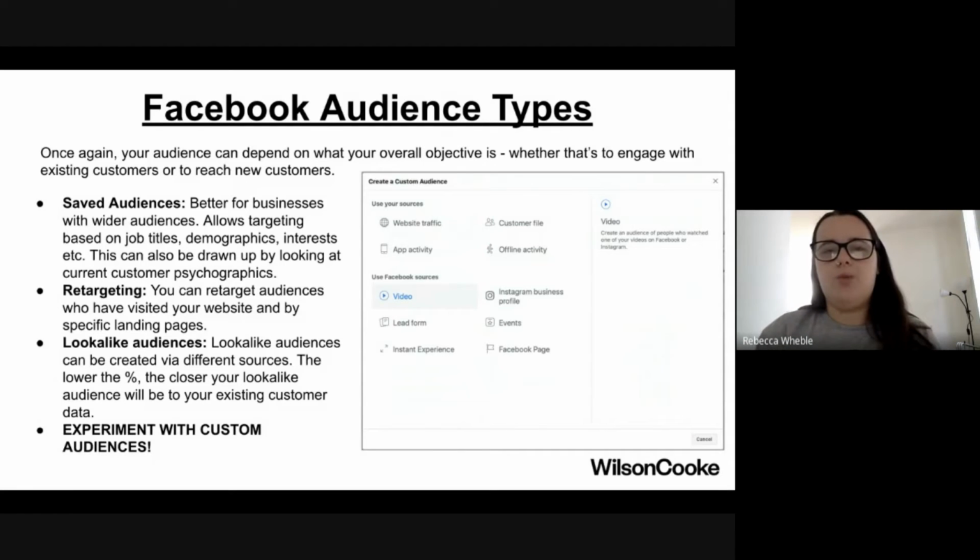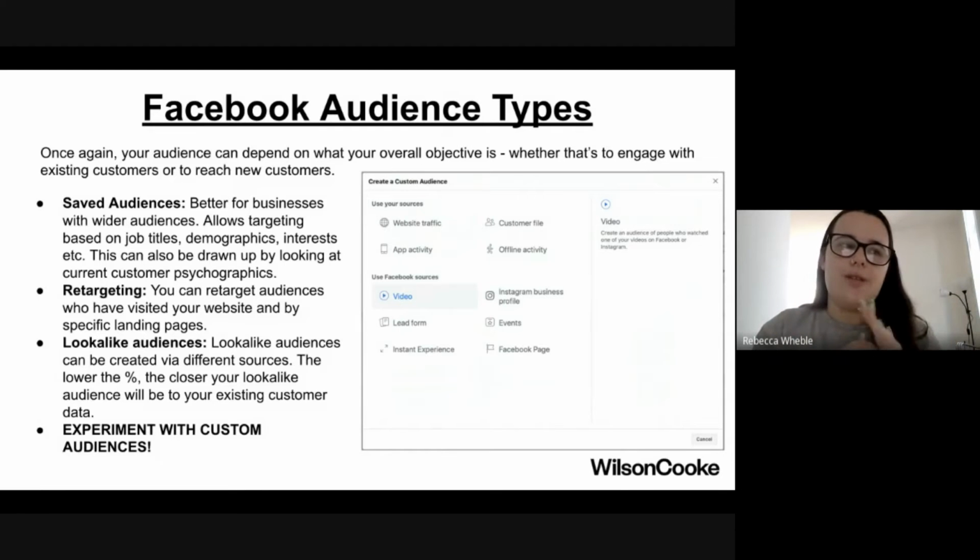I always say what people say their job function is on Facebook may not necessarily be as accurate as what it is on LinkedIn. Nine times out of 10, if someone says they're a marketing manager on LinkedIn, they are a marketing manager. Saved audiences, though, allows targeting based on job titles, demographics, interests, etc.